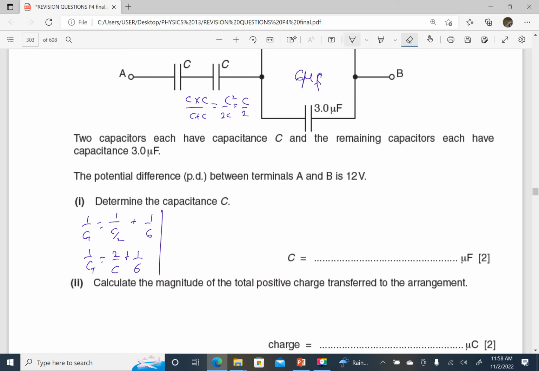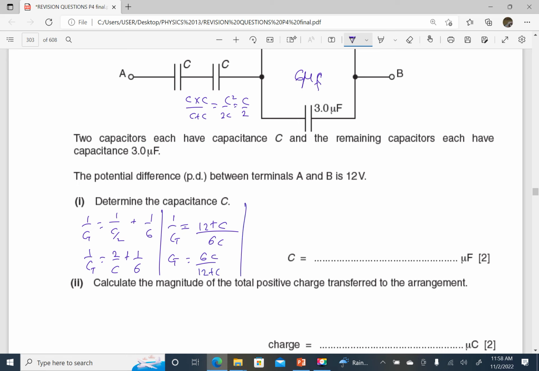Okay. So LCM, 1 over C total is going to be equal to the LCM, which is 6C. So 6C gives us 6 times 2, which is 12, plus 6C gives us C, that is times C. So it means C total is going to be 6C over 12 plus C.